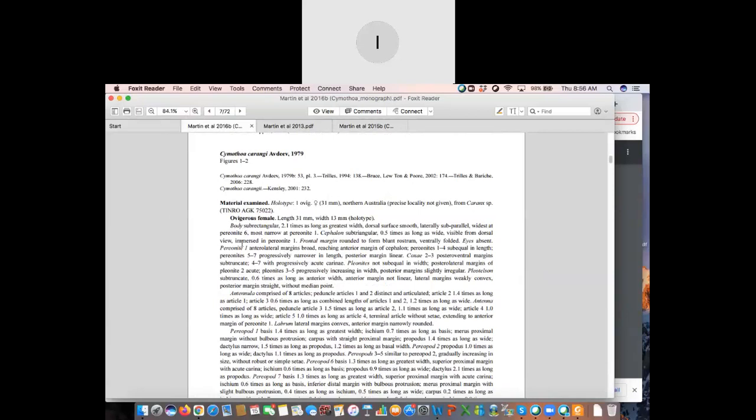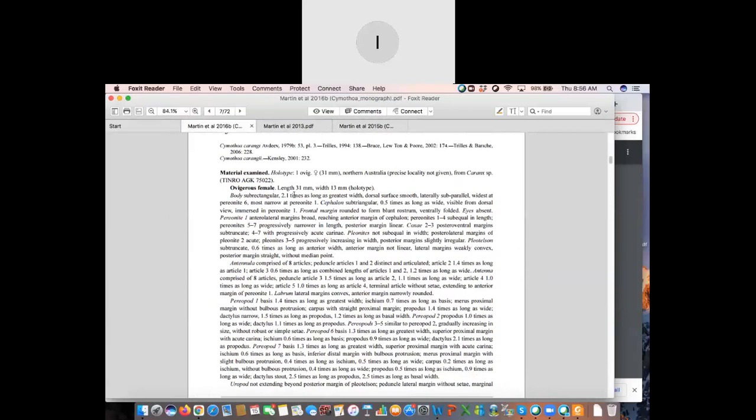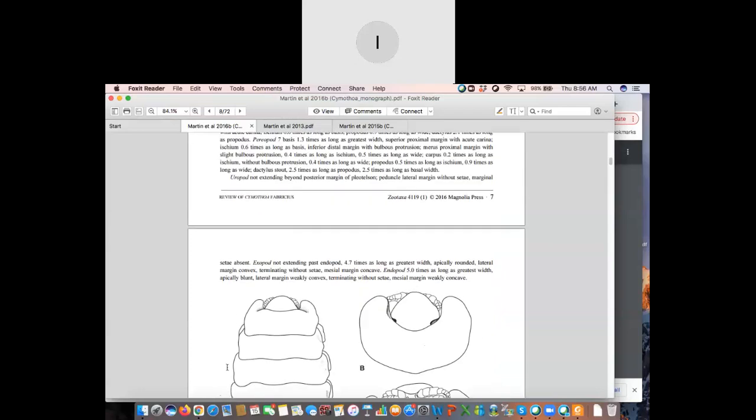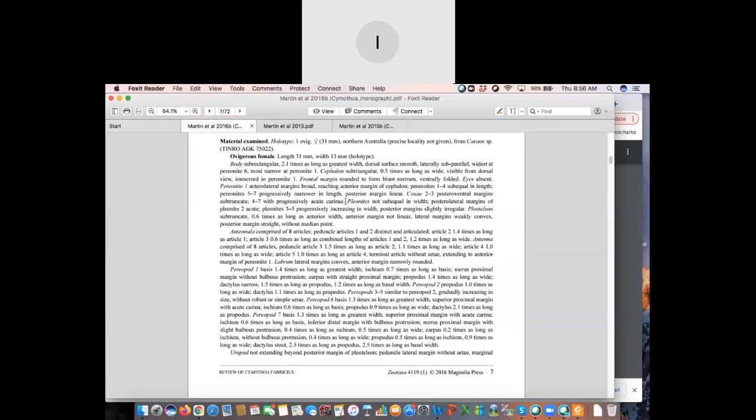If you notice how descriptions work, you really look into, for example, the body, the cephalon, the frontal margin, the antennula. A description is basically writing from head to toe about the organism. You can have perhaps even 100 different characters, and all of that comes under a description.